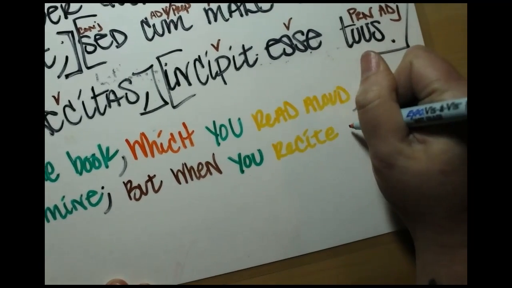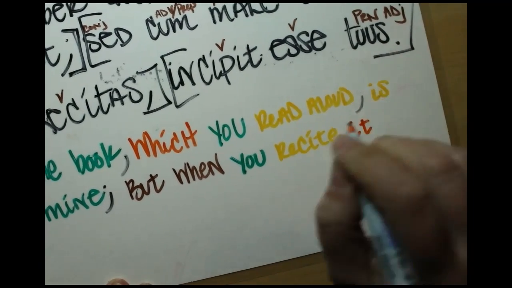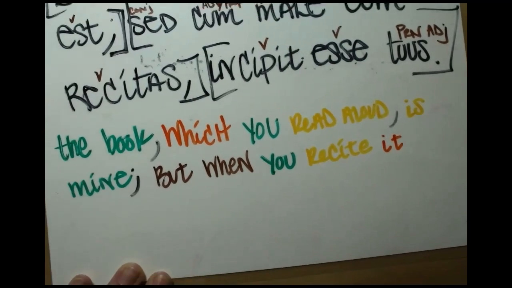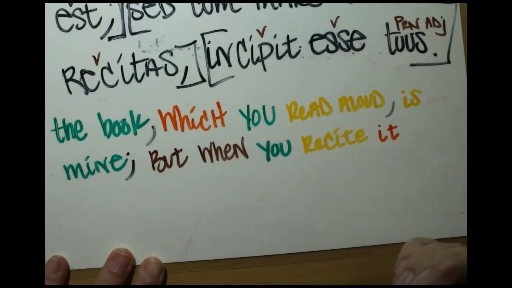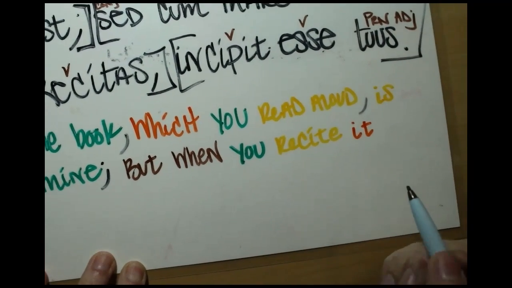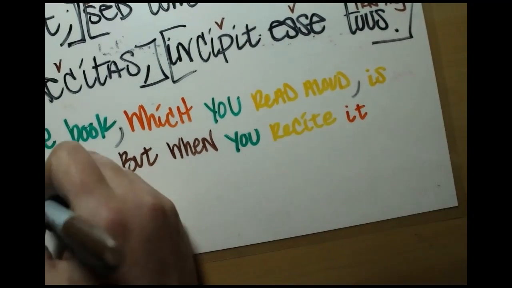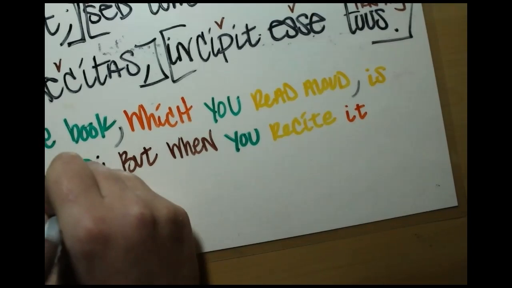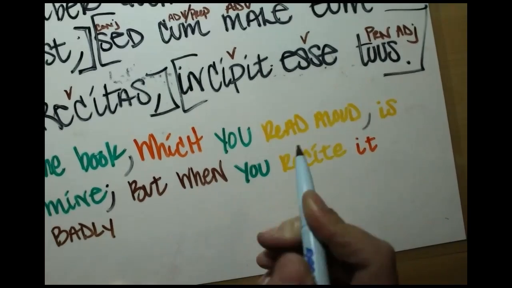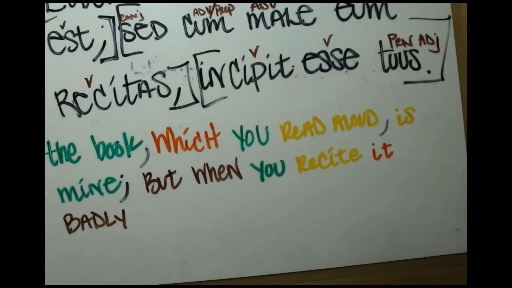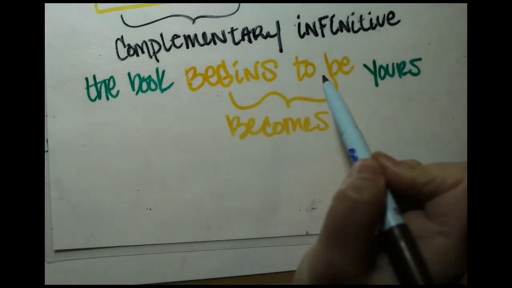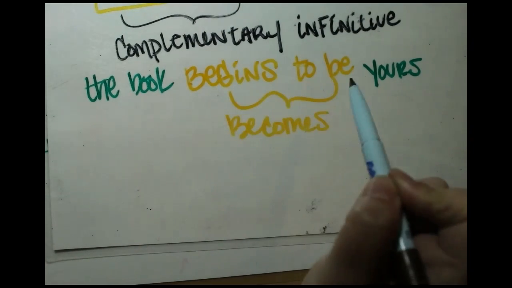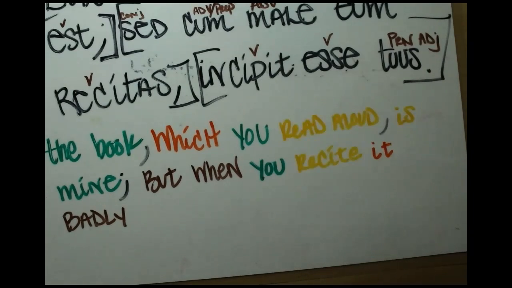we're going to put it, because we're going to kind of do a little bit of a free translation while we're putting it down, and it just sounds more coherent in English if we use it. When you recite it badly, incipit esse tuus. Incipit esse tuus, the book begins to be or becomes yours.